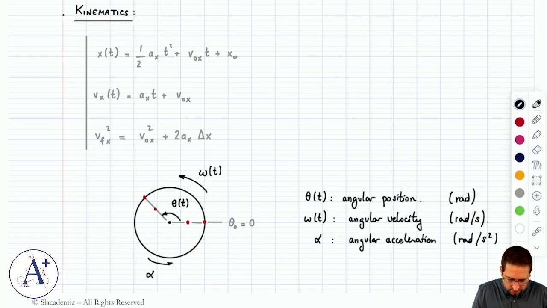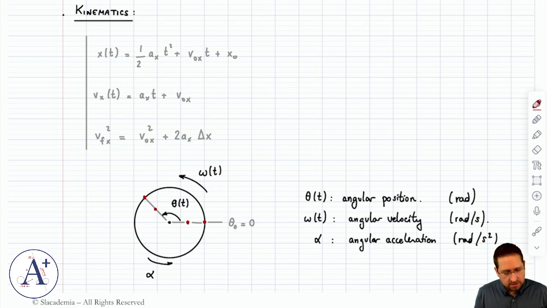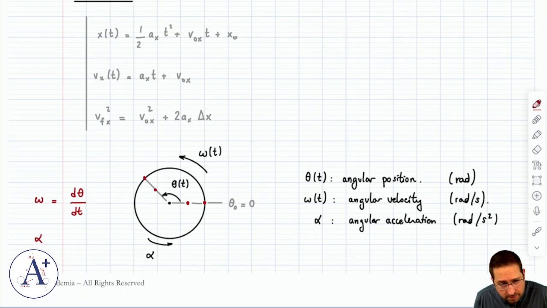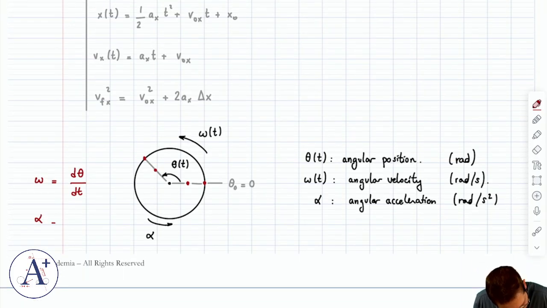And then of course, the similarities continue. What do you think omega is? Omega is how fast theta changes with time. So omega is equal to d theta dt, just like v sub x is dx dt. And then alpha is going to be d omega dt.